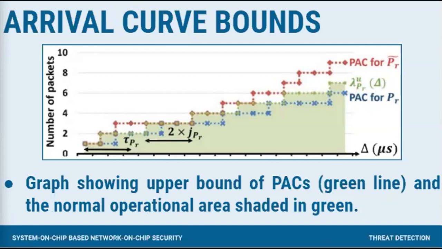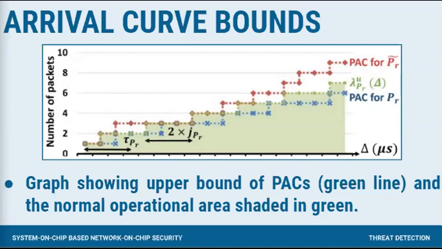If you consider one of the routers, in a normal scenario, the number of packets within some period of time may be one packet, 2 packets, 3 packets, 4 packets, and in the normal scenario, which is the blue one, the number of packets within a certain period of time will be less.